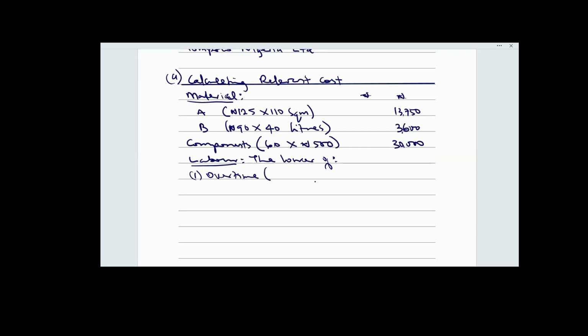If the company wants to work overtime, out of the 240 direct labor hours, 75 is idle capacity, and you don't pay for idle capacity. Therefore, 165 will remain. The overtime cost is 140 naira per hour, so multiply by 140 naira.